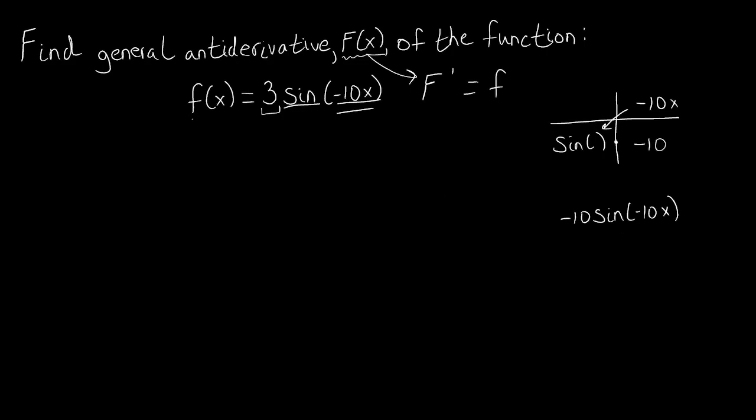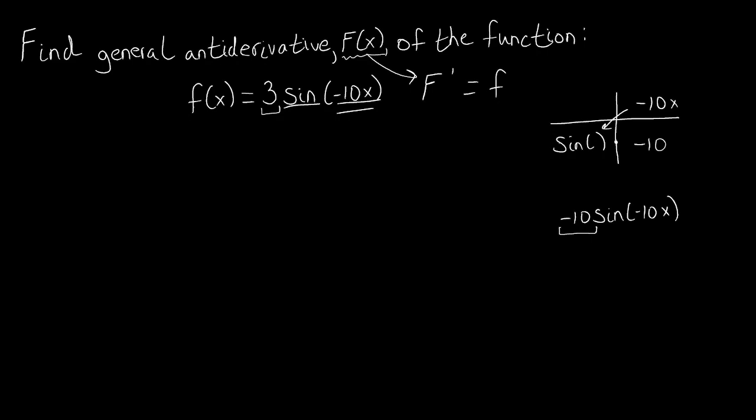But this f of x is actually what was given to us, so these don't match. The sine of negative 10x parts match, but this 3 and this negative 10 are off. Maybe we have to do something with the constant multiples in a second to get those to match up. But let's finish the table off, because we need to know what we derived to give us sine.